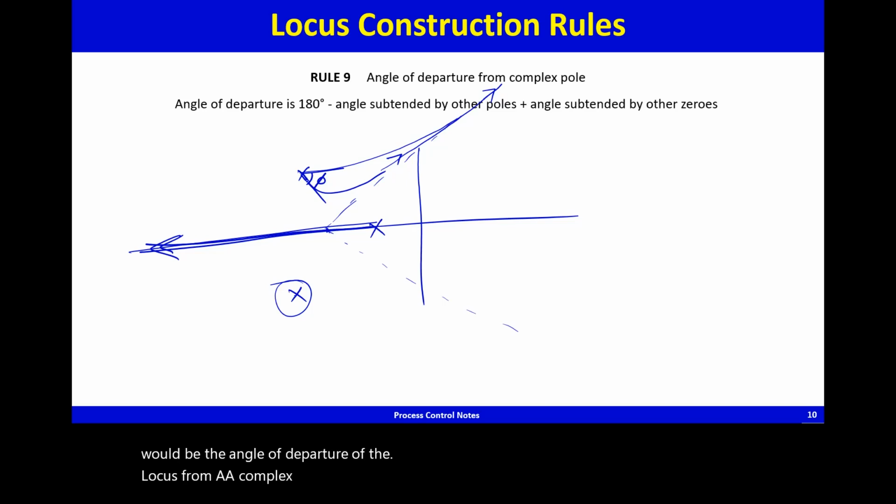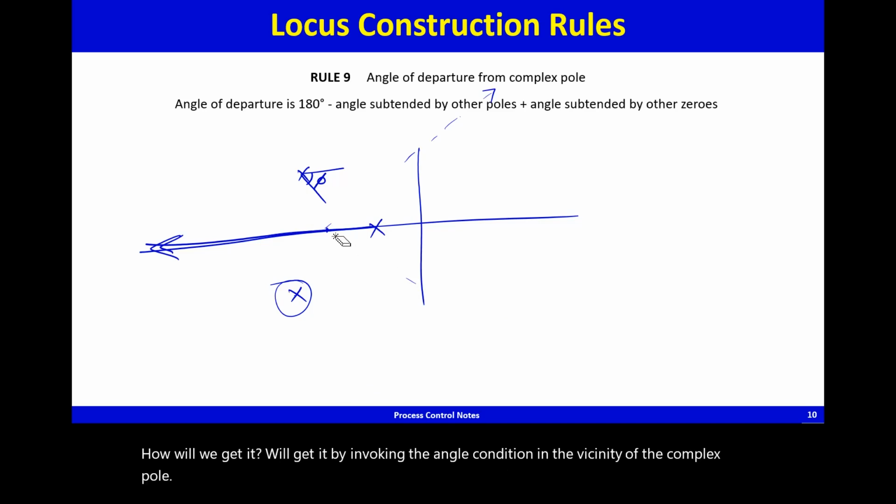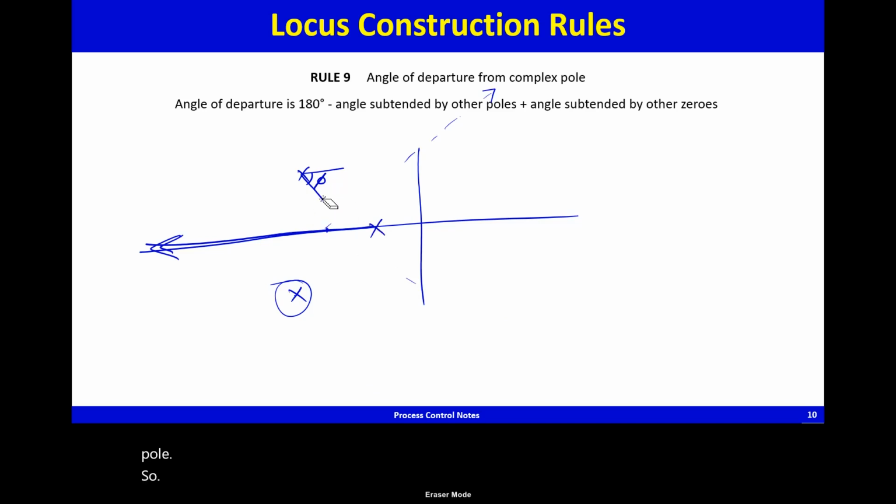How do we get this angle of departure? Let me erase some stuff here. How will we get it? We'll get it by invoking the angle condition in the vicinity of the complex pole. So let us take a point that is on the locus but it is very close to s, which is very close to the pole.